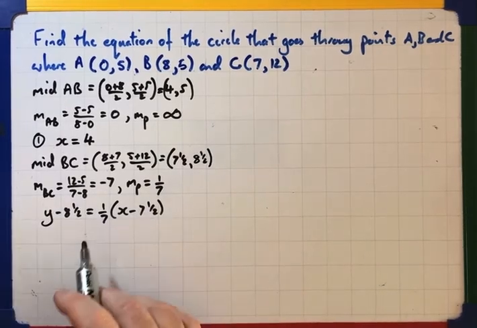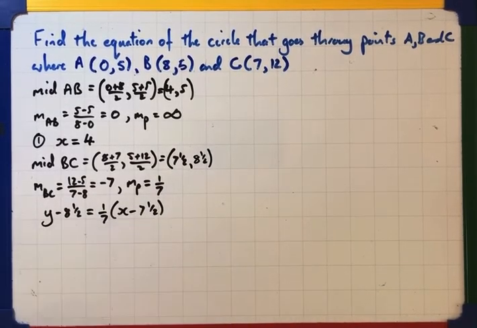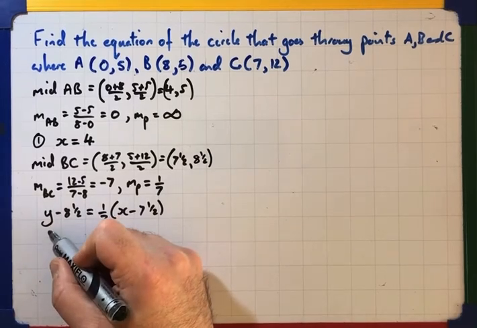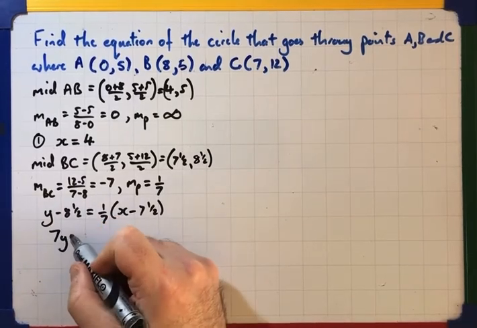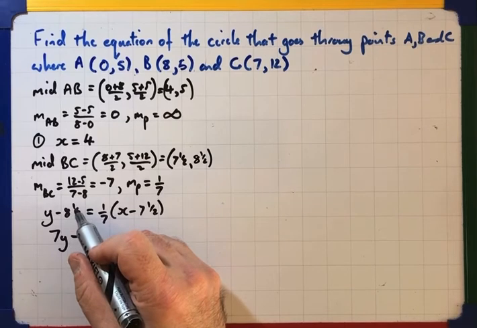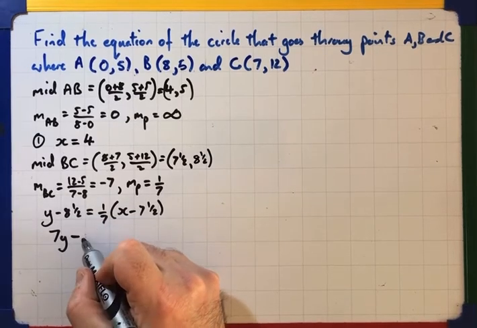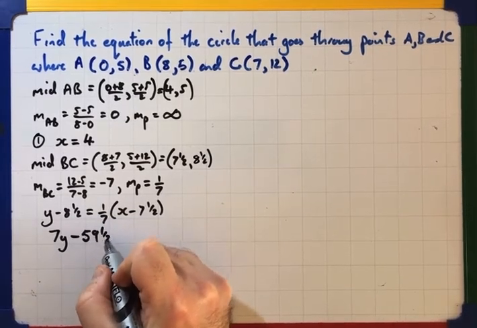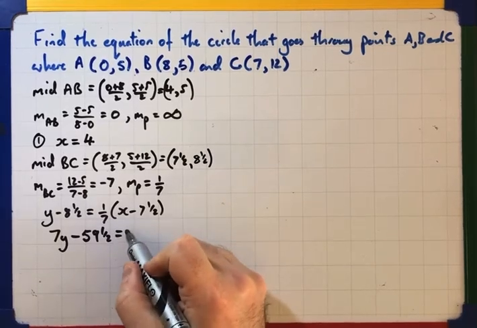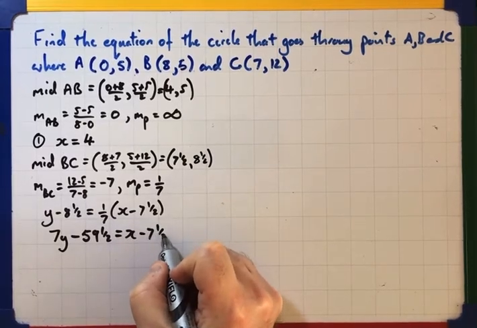Now, get rid of the fraction there, the 1/7, by multiplying by 7. Okay, so if I do that, I'm going to get 7y minus, now that'll be 56 and 3.5 is 59.5, equals just what we've got inside there.